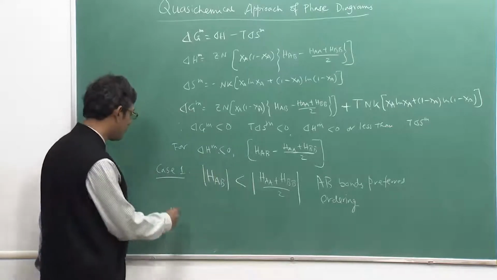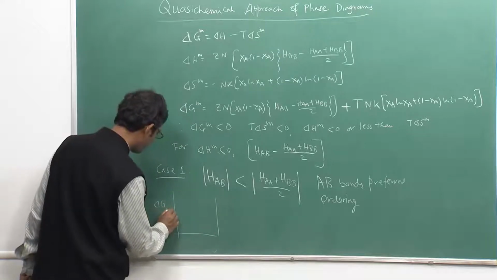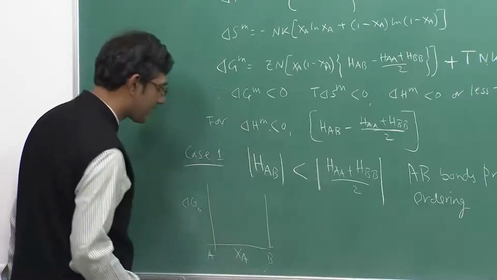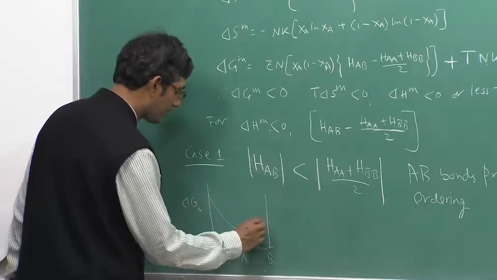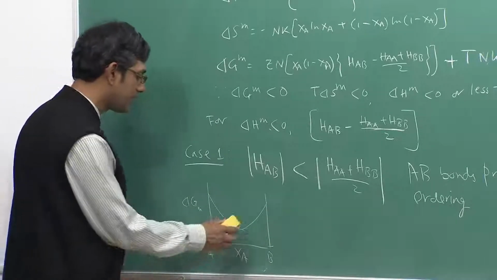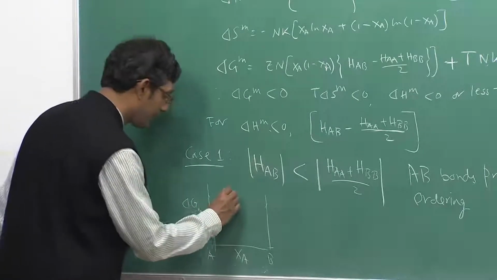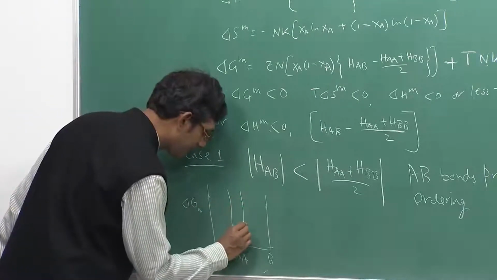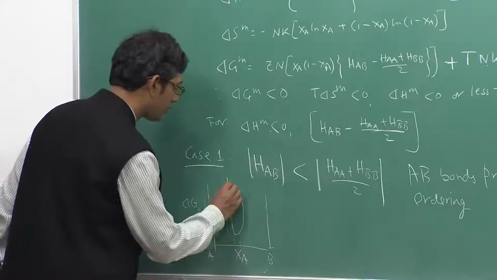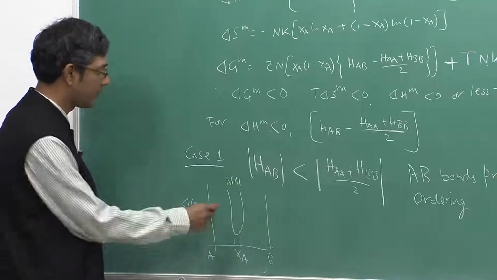So that is why in this case also, if I plot delta Gm versus Xa, this will also be like this. But for most of the intermetallic phases, because they are stable only for a small composition zone, the free energy curve will be like this. Suppose this is a 50-50 substitution of nickel and aluminum, an intermetallic compound.